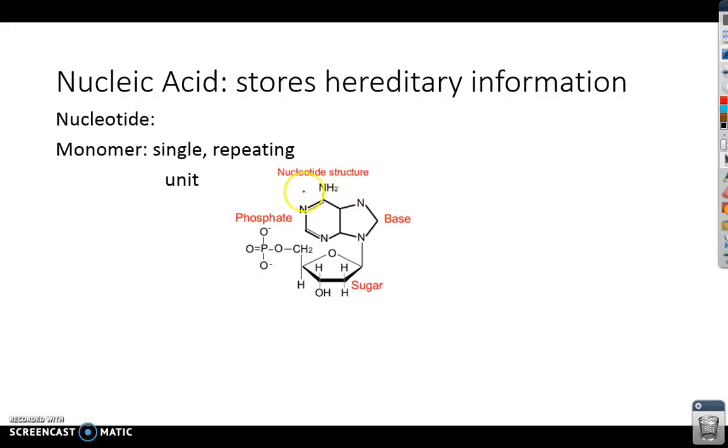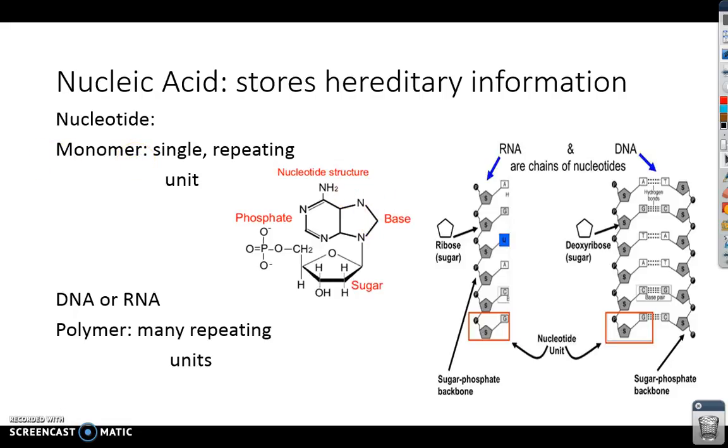So the structure, again, is a base with nitrogen, a sugar, you can see with carbons, hydrogens, and oxygens, and a phosphate group, a PO4. So there's that phosphorus with some oxygens. You take this base unit, or monomer, and you link it together into a chain, and now we're looking at another polymer. So many repeating units, DNA and RNA, are polymers.